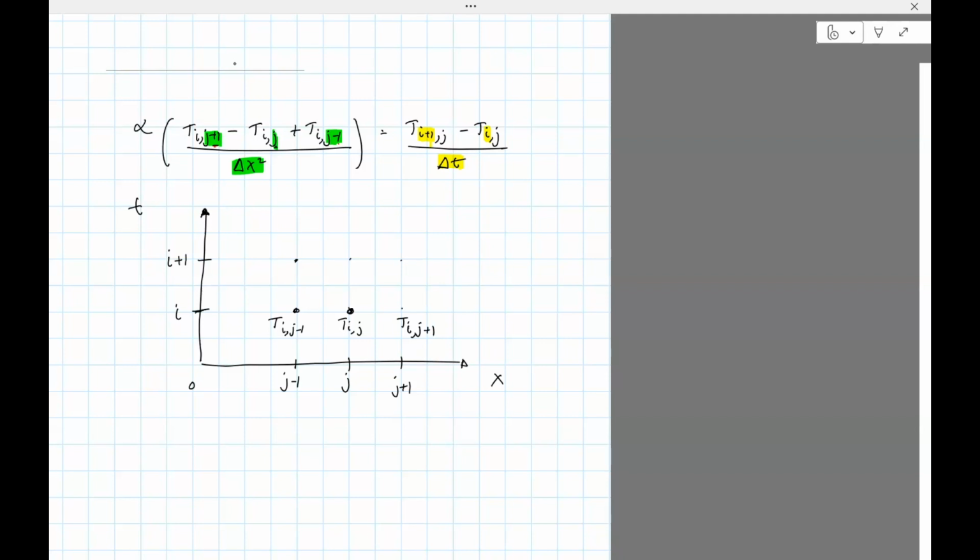How did I get it? I look at the ith index, that's the first one. The j minus 1 comes from the position index. Here we can write T(i+1, j-1), T(i+1, j), and T(i+1, j+1).